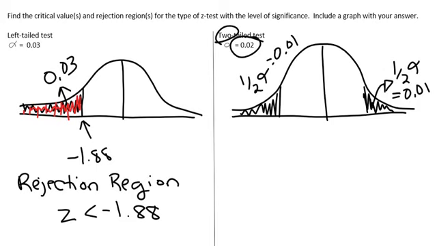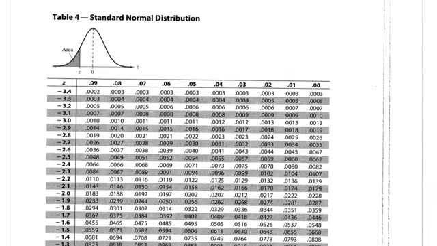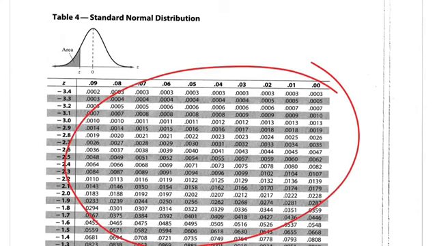Now, since your standard normal curve is symmetric, all you need to do is find one of them, and you have found both of them. One will be negative and one will be positive. So we're going to go to the chart, and we're going to look for the area of 0.01. Again, I'm looking in the body, the inside of the table.